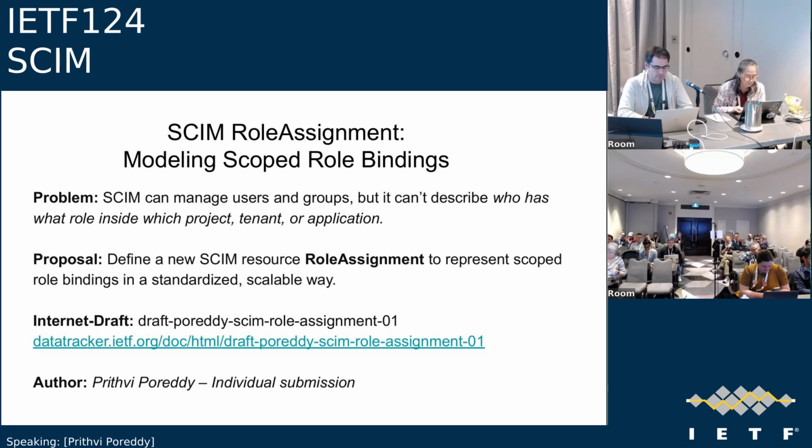For example, in GitLab, a user might be a maintainer in one project, a developer in another, and an admin in a third project. Each project is a distinct access boundary. SCIM today can't express those per-project distinctions. It's limited to global attributes. So implementers are working around it. This draft proposes a focused extension, a role assignment resource that represents who has what role in what context using a scalable, interoperable schema. Next, please.